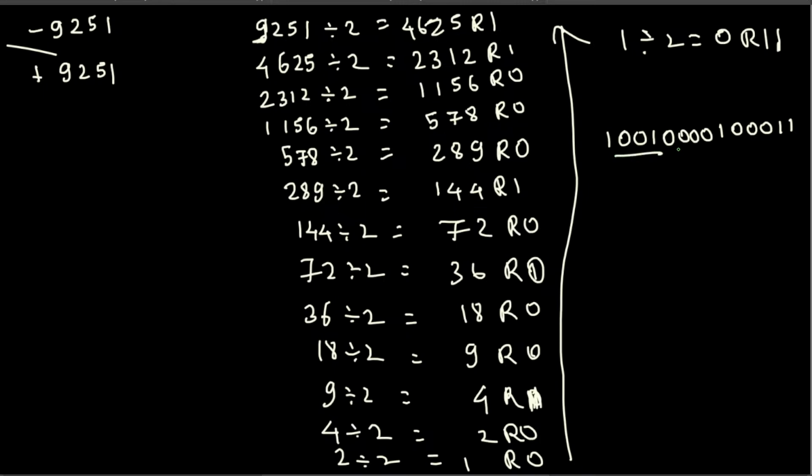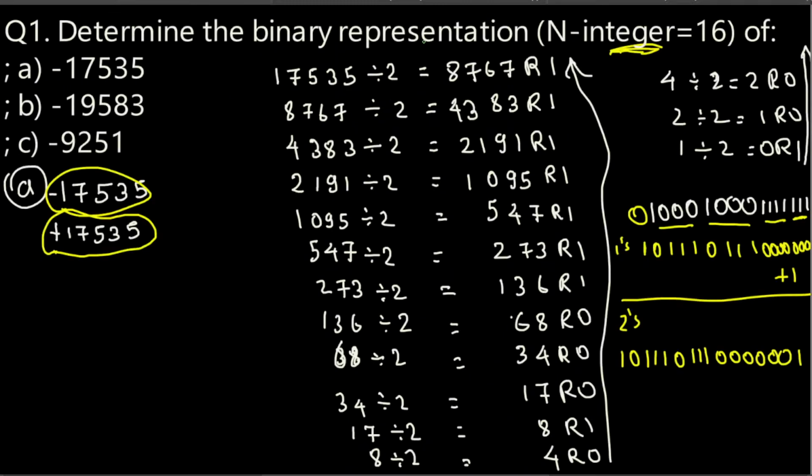Okay, 4 bits, 8 bits, 8 plus 4, 12, 12 plus 2, 14. So make this one 16 bits. We add two zeros for this because the answer is recorded in 16 bits.